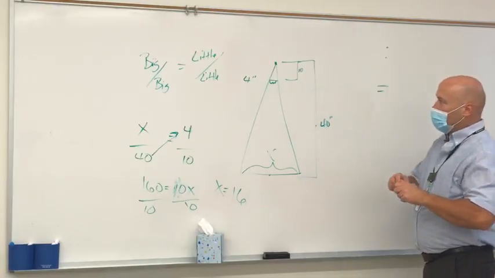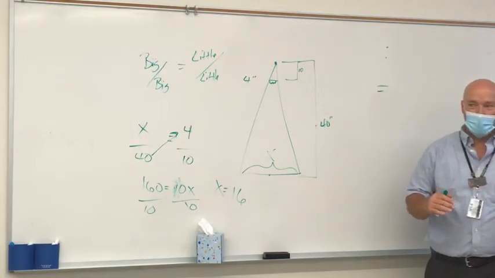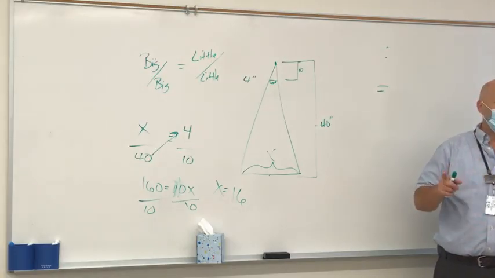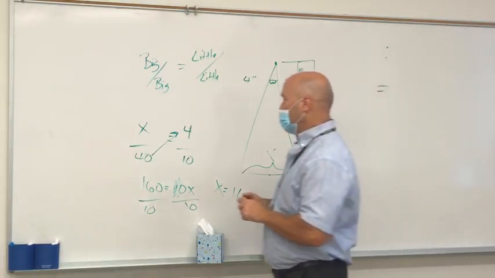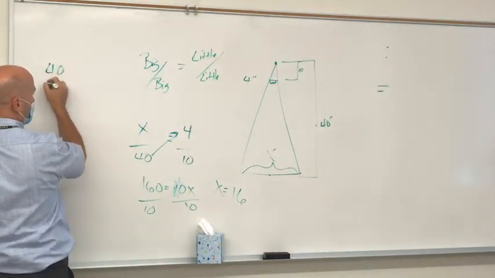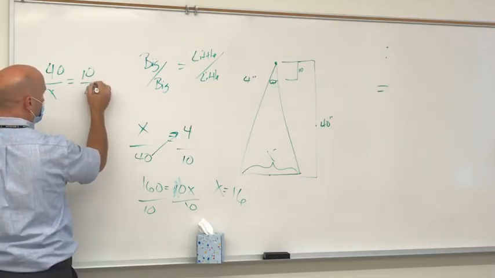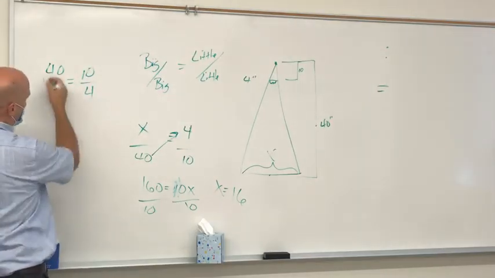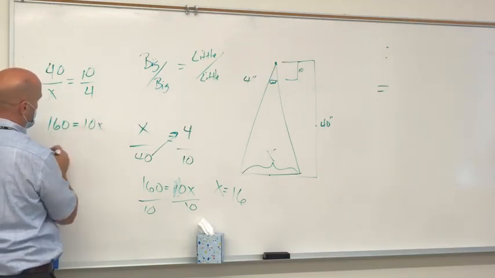Now here's the thing about ratio problems. It doesn't really matter how you set them up, providing you're comparing the same things across from each other. What I mean by that is, what if we invert this whole thing and we go 40 over x is equal to 10 over 4. So we cross multiply. 40 times 4 is 160 is equal to 10x.